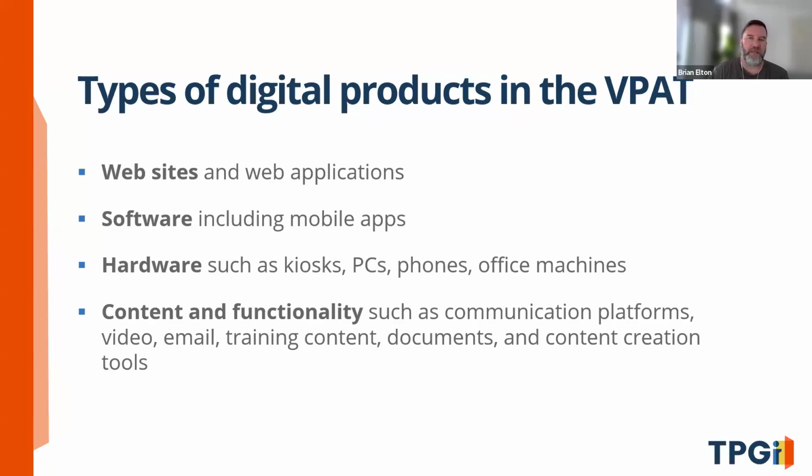So this could be communication platforms like we're using today with Zoom, video, email, training content, documents, and content creation tools. Within these types, there's a range of content and functions. Our world is more digital than ever, so it's more important than ever for our digital products to work well for people with disabilities.